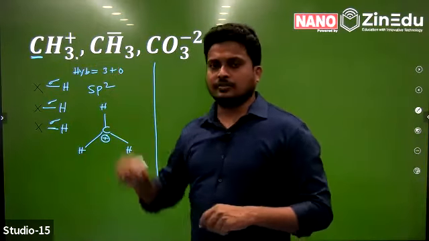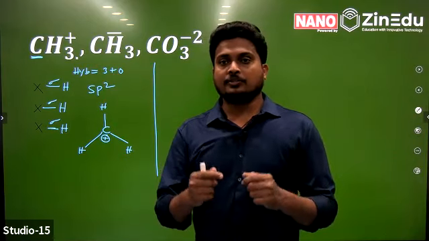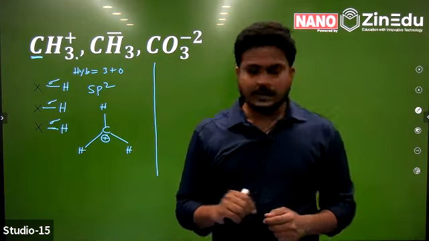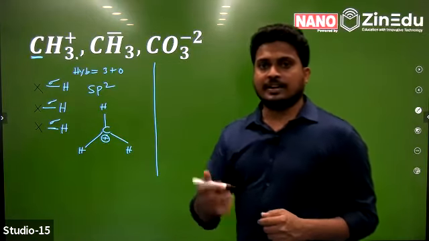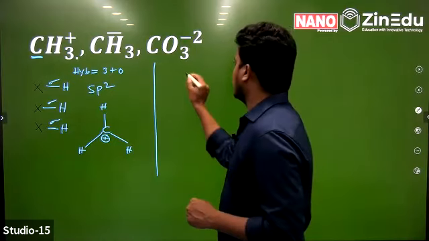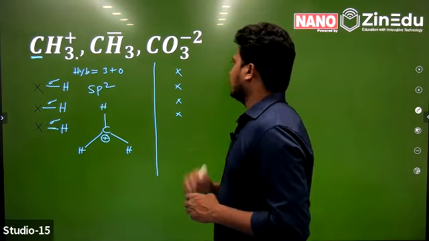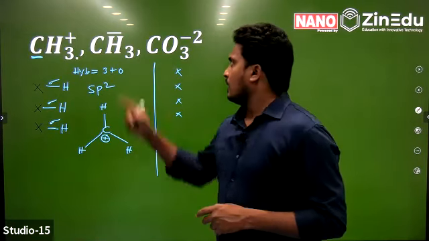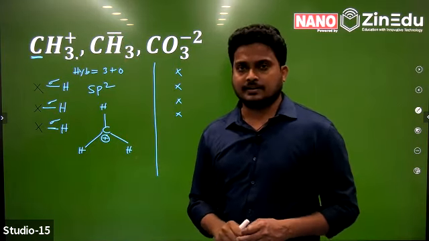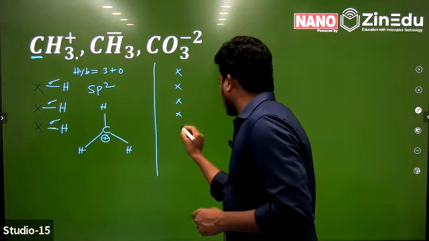Carbon belongs to the fourth group, so it has only 4 valence electrons. But negative charge indicates excess of electrons, and there is only 1 negative charge, so add 1 more electron.